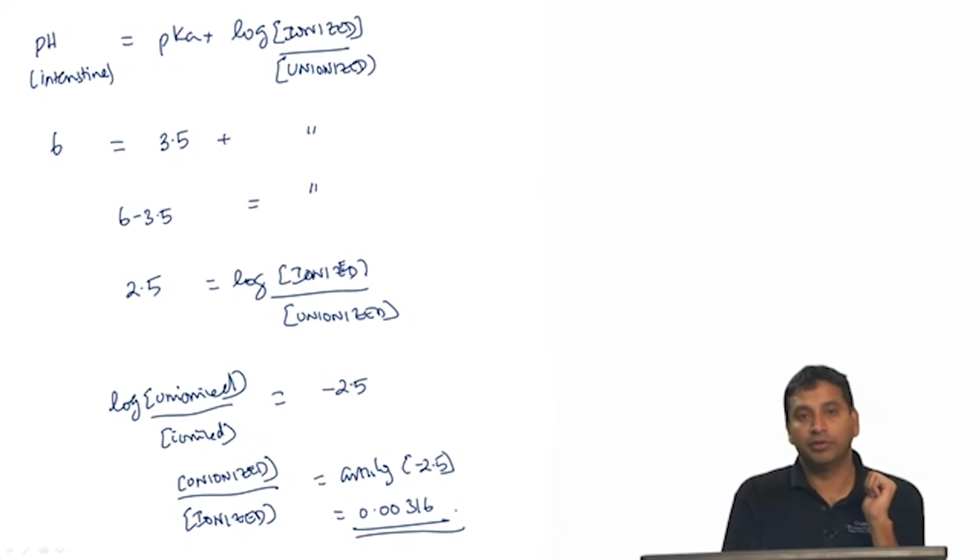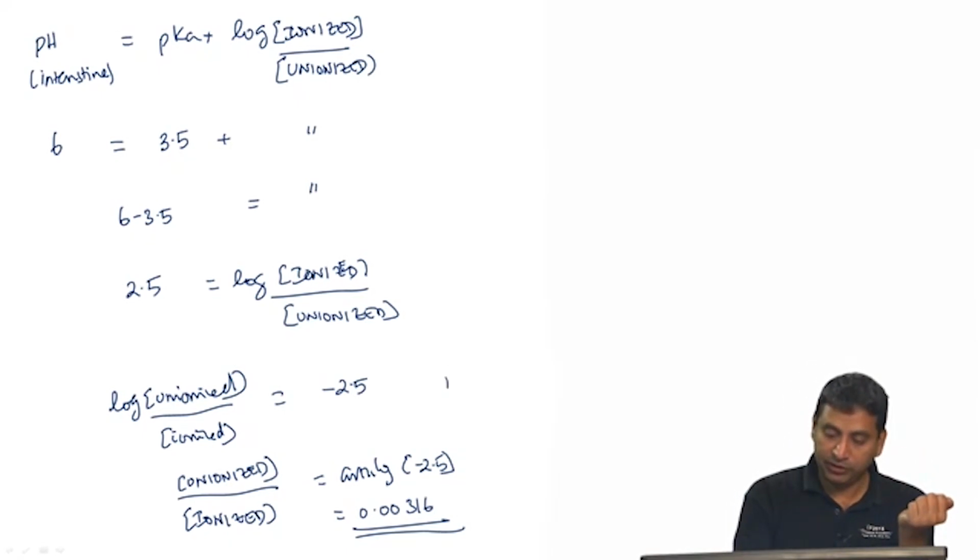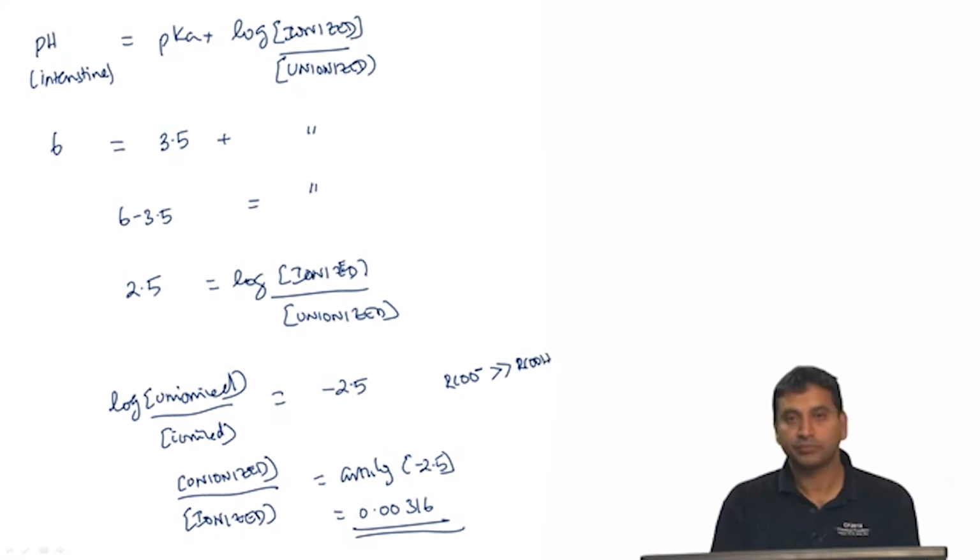This is the same number that we got previously, except that the numerator and denominator are flipped. So, here there is a larger concentration of ionized molecules. That means RCOO minus is significantly greater than RCOOH.